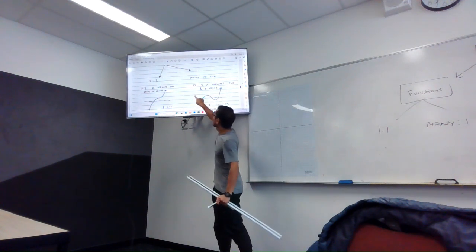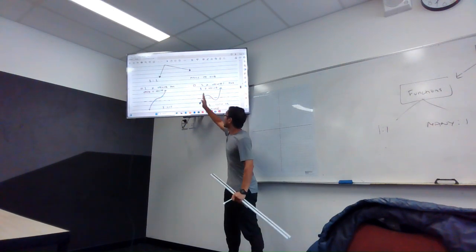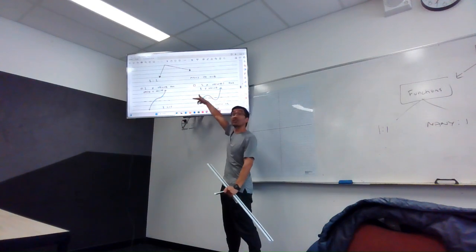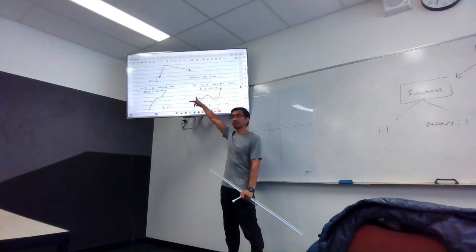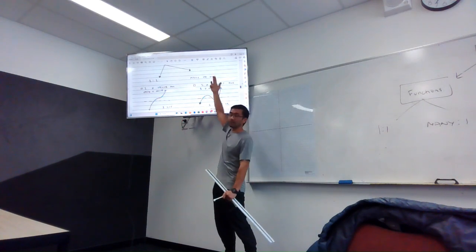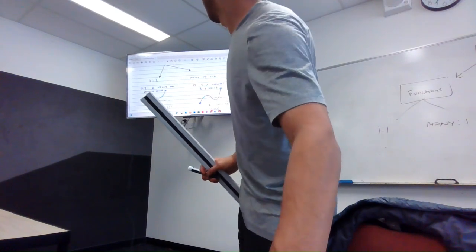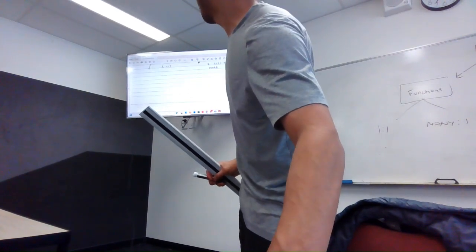Notice this could be 3 on the y-axis. That could be 3. But there are 3 x values that are sharing that 3. Okay. It's really easy to get this confused with the vertical line test. So let's do a couple of examples before we take a break.